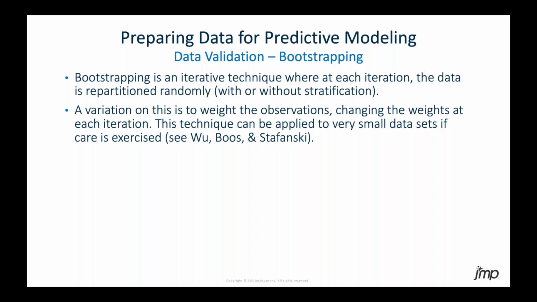And the technique I'm going to be talking about is due to Wu-Booz and Stefanski. Okay, so in this case, I have seen it applied to data sets as small as a few dozen observations. So again, very small, particular way of approaching it, but it allows me to leverage these techniques with very small data sets.